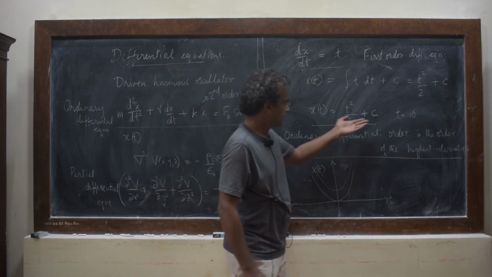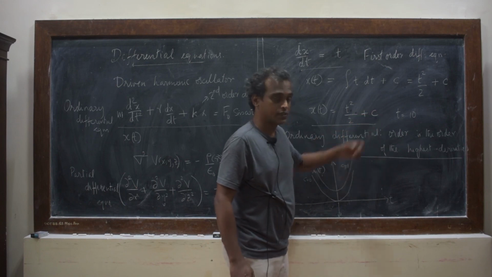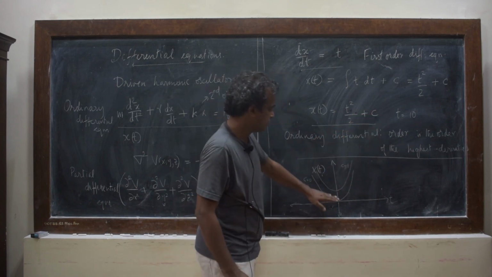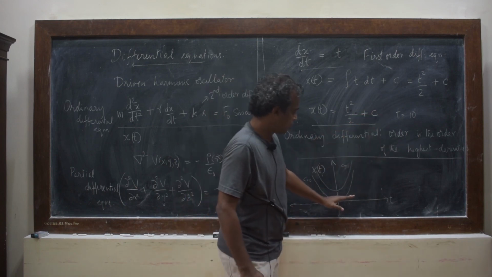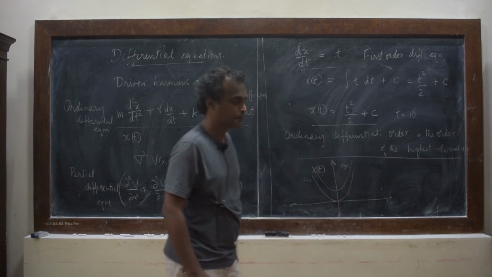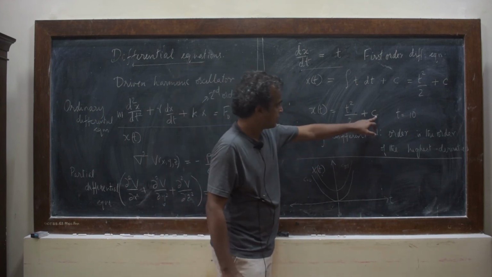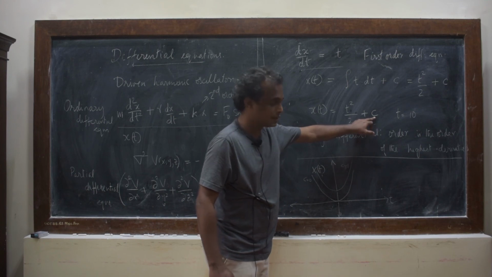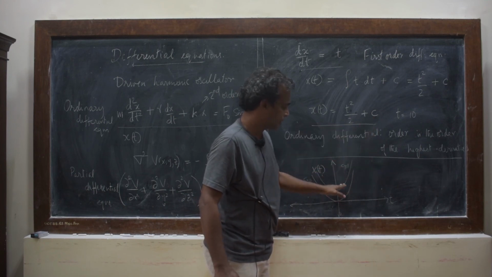So, as we can see, for various values of c, we get parabolas which are all distinct from each other, in that the value of c for each of them is different.